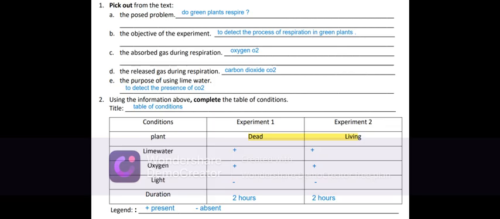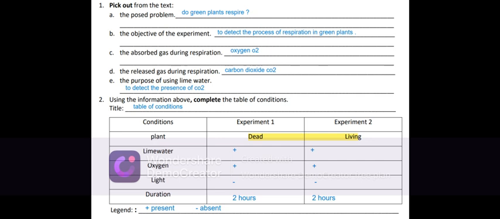Now let's read the questions. Pick out from the text. Everything I'm going to answer now is from the text. The posed problem: we search for the question, do green plants respire? The objective: we search for the two, to detect the process of respiration in the green plants.